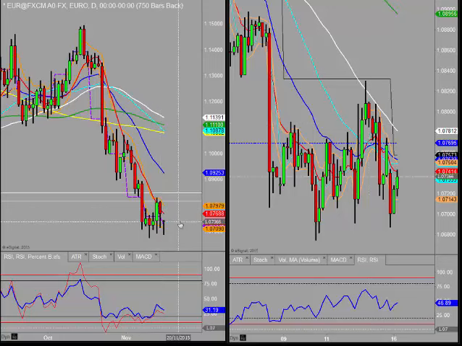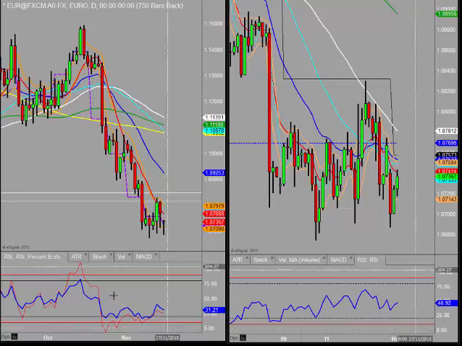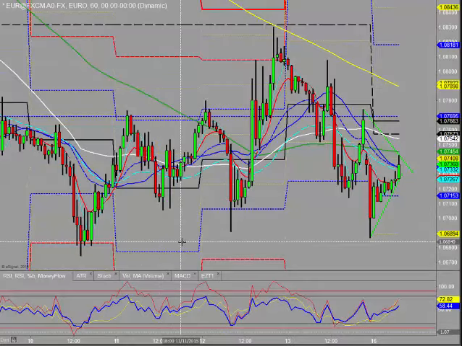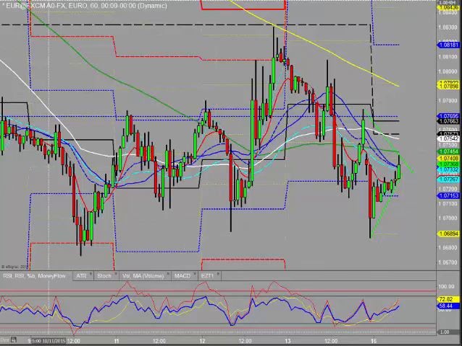Anyway, looking at where we are at the moment, the 4 hourly to the right hand side here looks pretty choppy, doesn't it? So really sums things up. When we come down to the hourly, it doesn't look quite so bad, but what we're seeing here is a series of lower highs and lower lows.